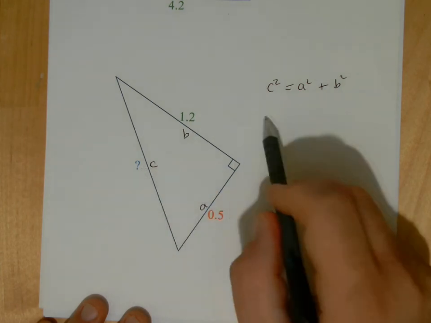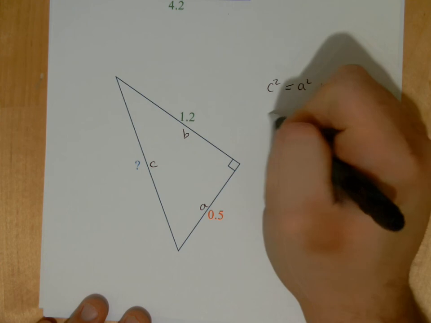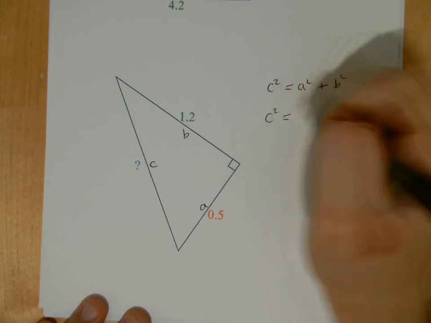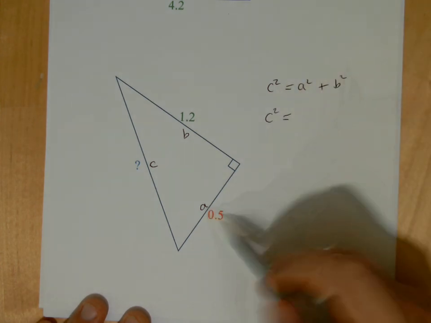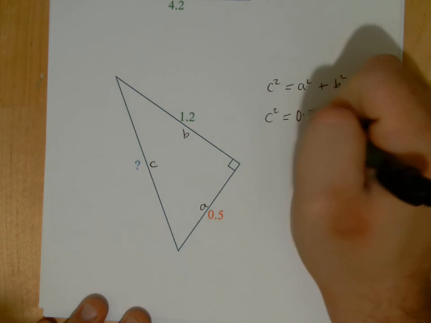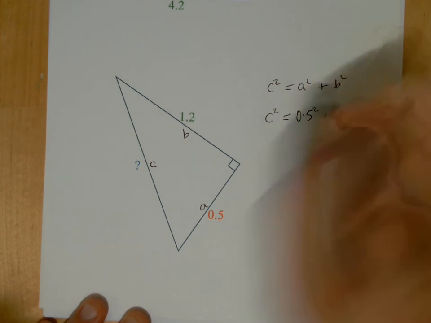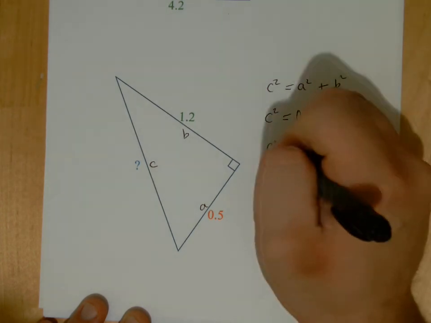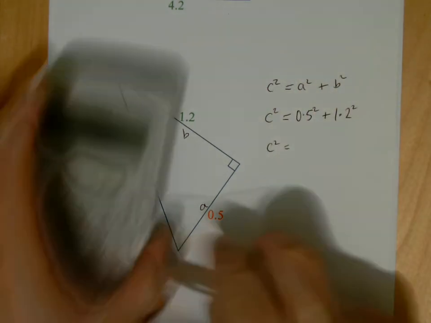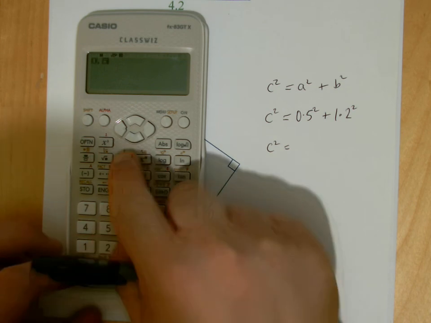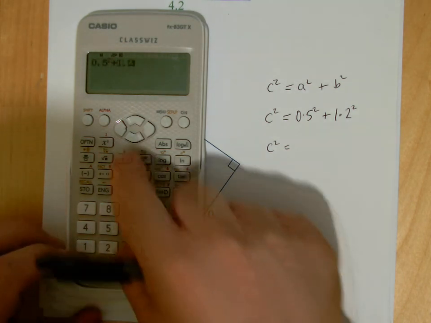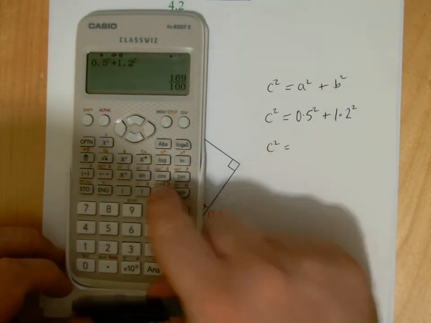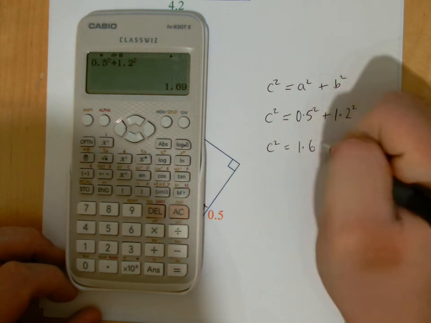Now you might not want to write question mark, because it's a bit strange, isn't it? So you could just keep it as c squared if you want to. a would be 0.5, so 0.5 squared. And then b will be 1.2 squared. Again, with our calculator, 0.5 squared plus 1.2 squared equals 1.69.